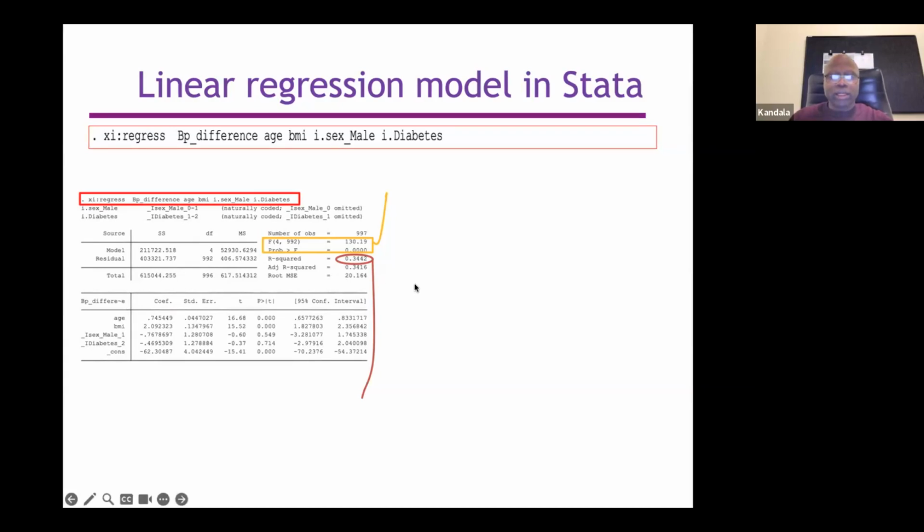Or you may test this by using a bivariate analysis, looking at the p-value, looking at one variable at a time, the association between difference in blood pressure and gender, whether that was significant.